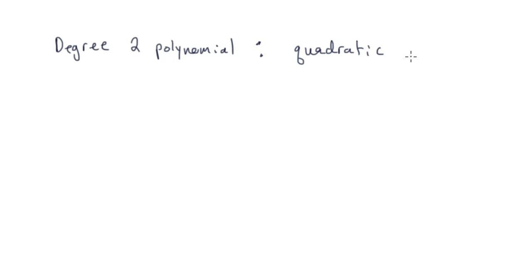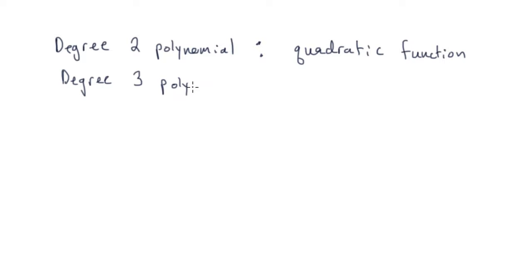So let's talk about a few other features of polynomials. So we already mentioned that a linear function is a degree 1 polynomial. So a degree 2 polynomial also has a special name. It's called a quadratic function. And we can actually keep going. If you're really up to date with your Latin, this is actually not too hard.